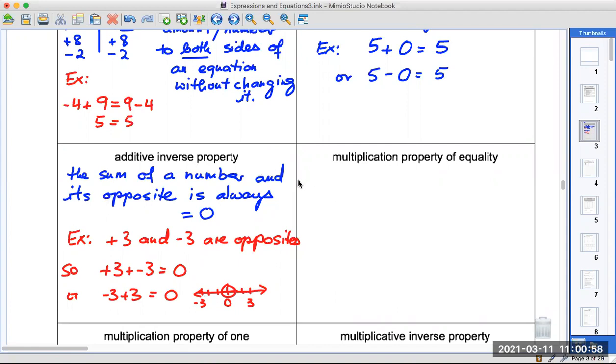And now multiplication property of equality. So multiplying rule of equals.